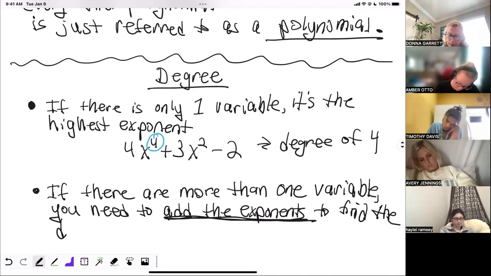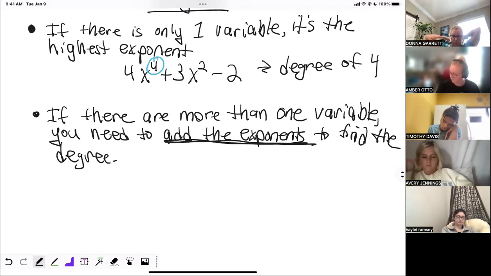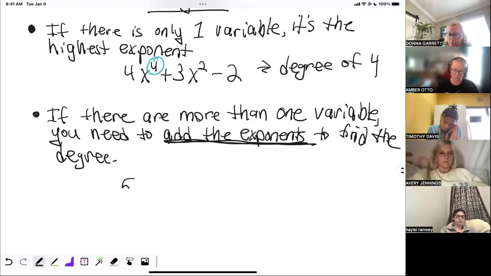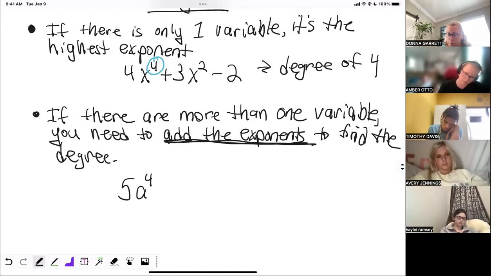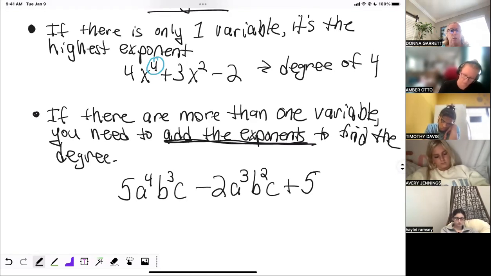I'll show you what I mean in a minute. Say I have 5a to the fourth, b to the third, c minus 2a to the third, b squared, c plus 5.